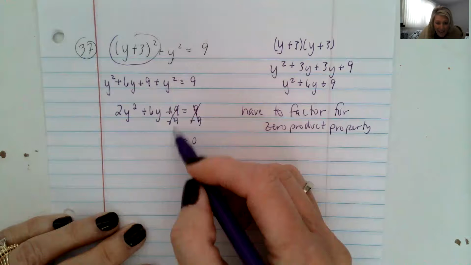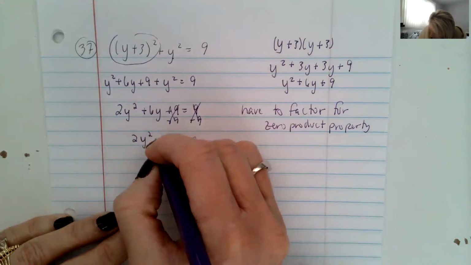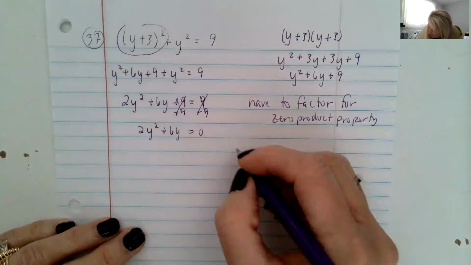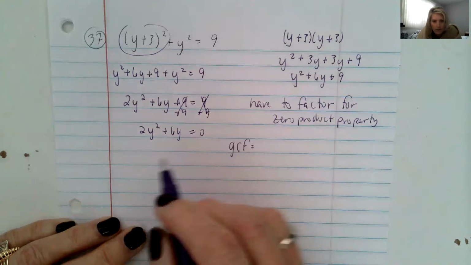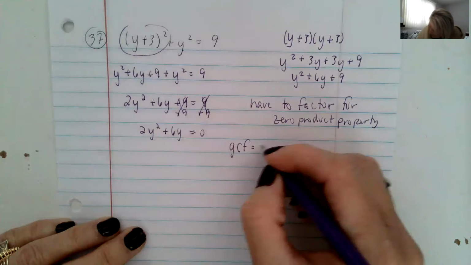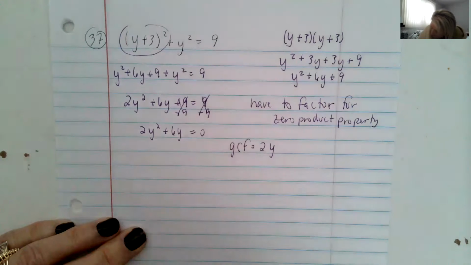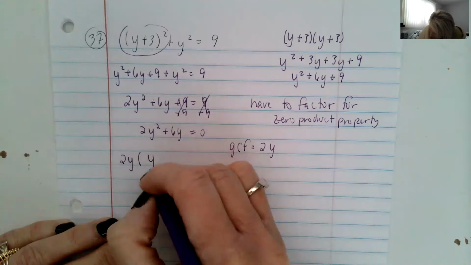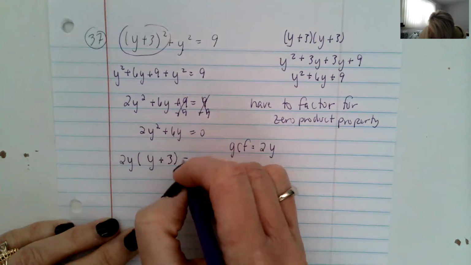And when I do, that 9 cancels out. So we're left with 2y squared plus 6y. My greatest common factor is a 2 and a y. So if we divide out a 2y from each term, we have y plus 3 equals 0.